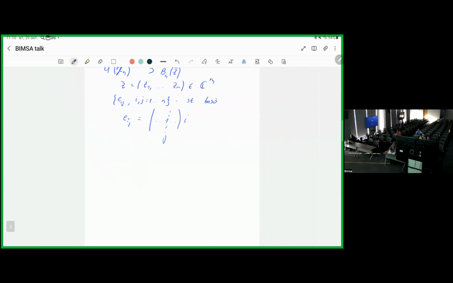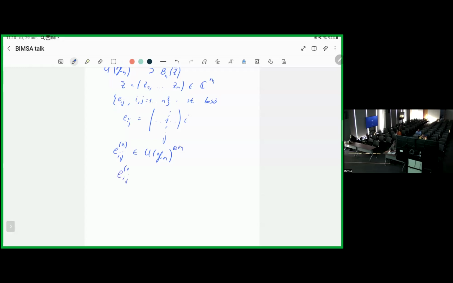And then I will need one more piece of notation: if I write E_ij with upper index a, where a runs from 1 to m, it means that this is an element that lives inside the m-fold tensor product of U(gl_n).